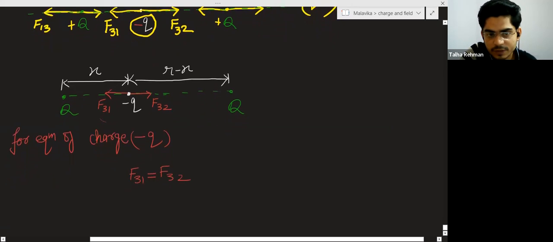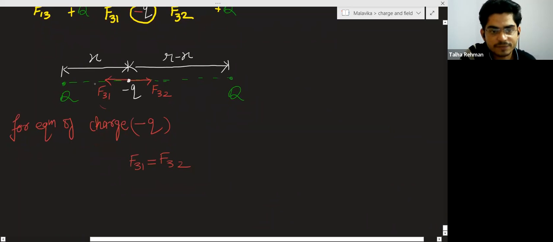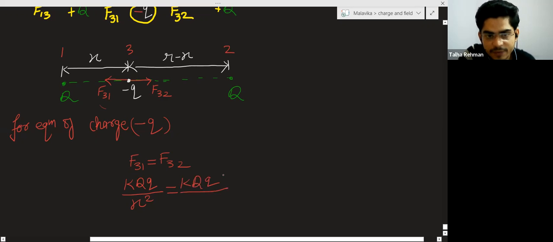And we will calculate the value of F31. F31 means this is 1 and this is 2 and this is 3, between these forces. So what is the formula? K Q Q divided by distance, means x square, and between 3 and this, K Q Q divided by R minus x square.